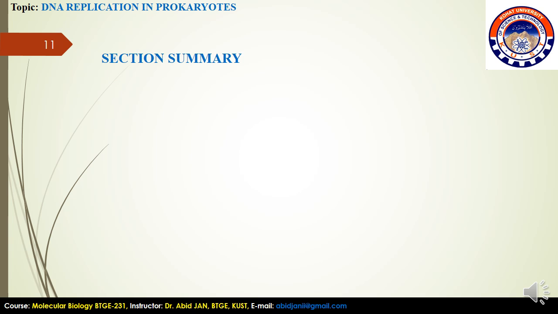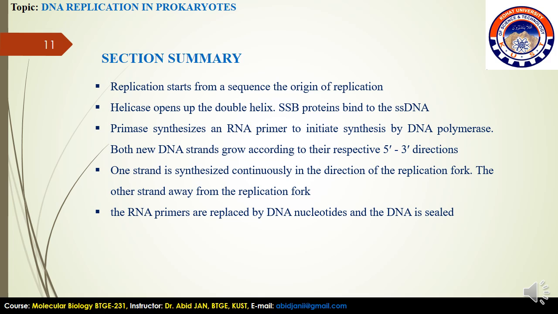Section Summary. Replication in prokaryotes starts from a sequence found on the chromosome called the origin of replication, the point at which the DNA opens up.